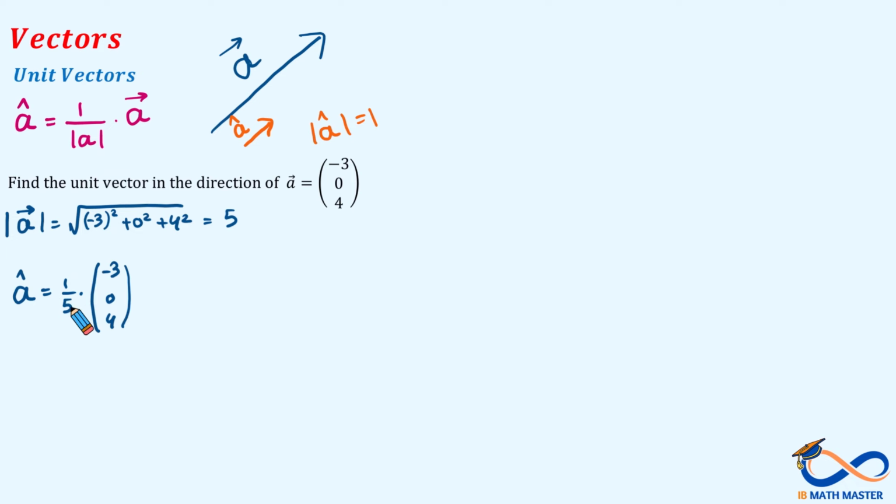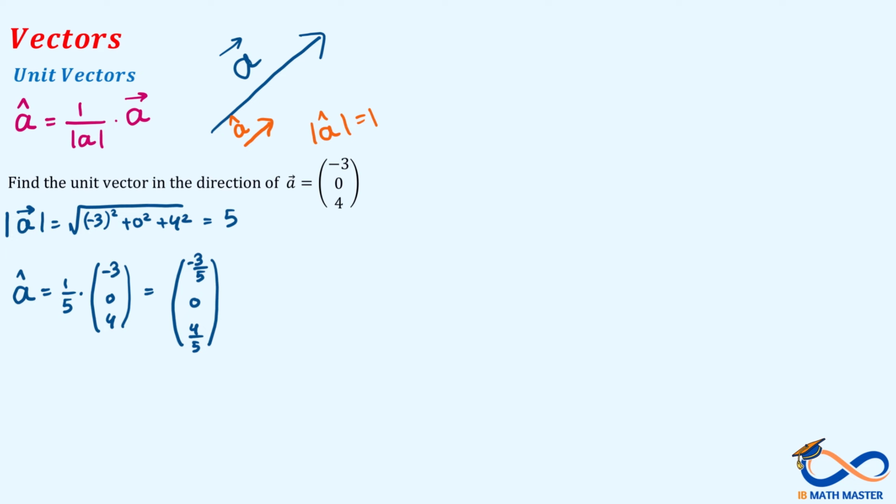Now we can multiply 1 over 5 by each number inside, so we will have this vector. 1 over 5 by -3 would be -3 over 5, and so on. If we calculate the magnitude of this unit vector, it would be exactly 1, just as we want. And also, this vector here is parallel to A itself.